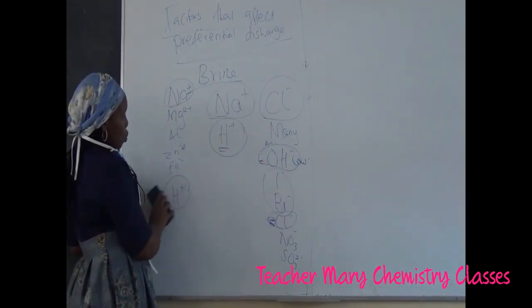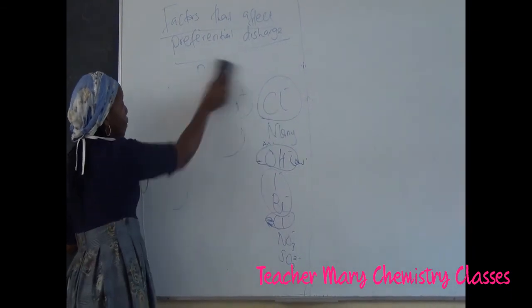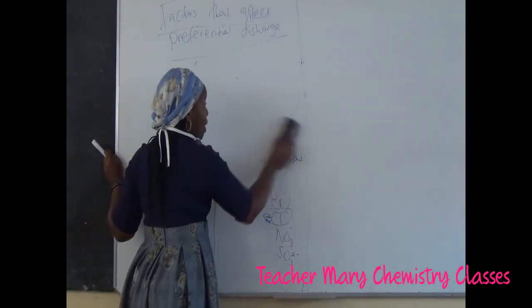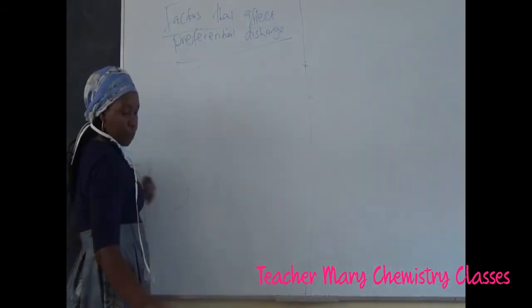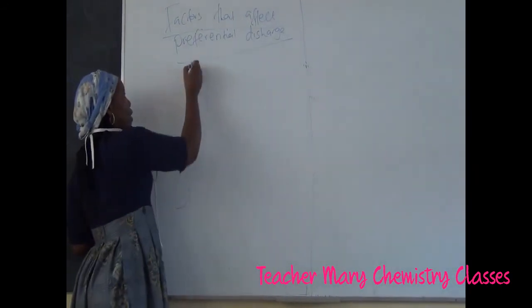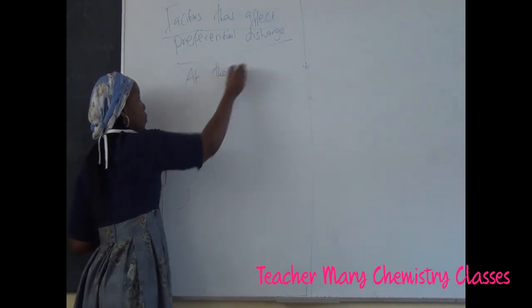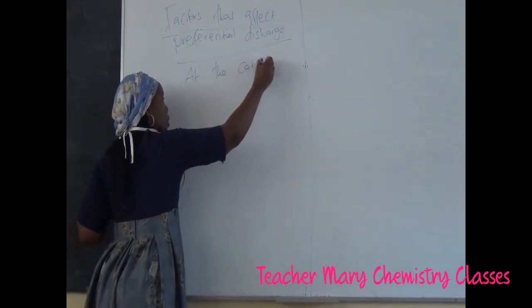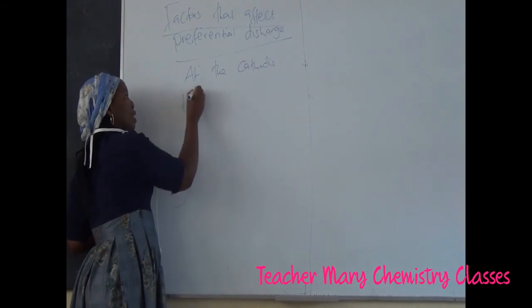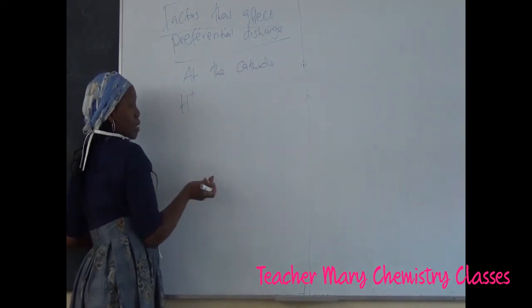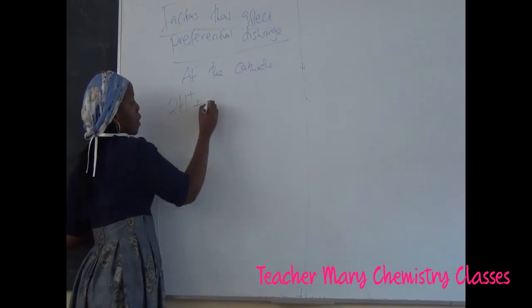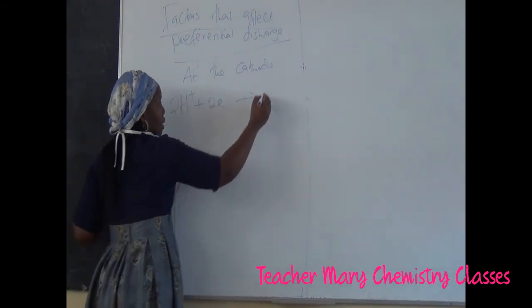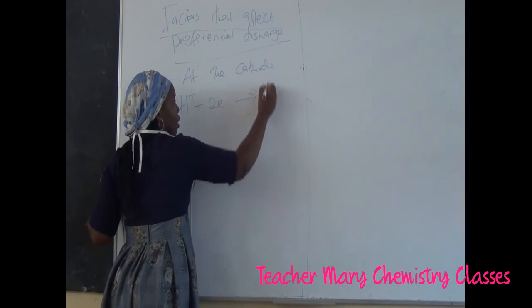So let us write those two equations and see what happens to that solution. At the cathode, hydrogen will still be discharged because it requires less energy to accept electrons: 2H+(aq) plus 2 electrons gives hydrogen gas.